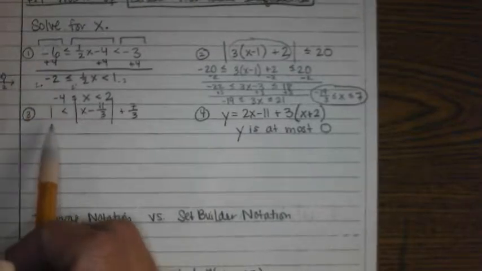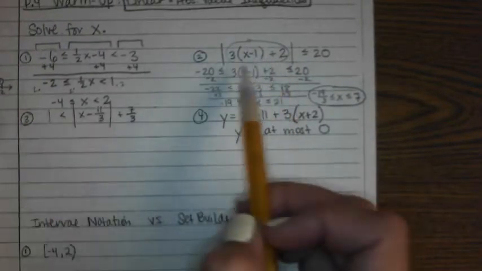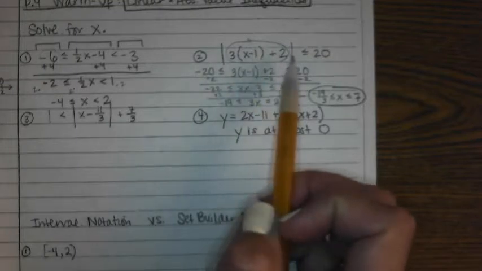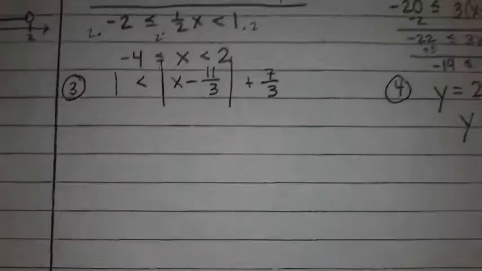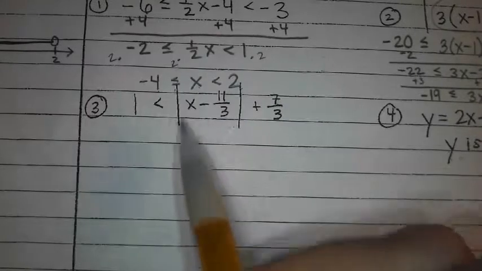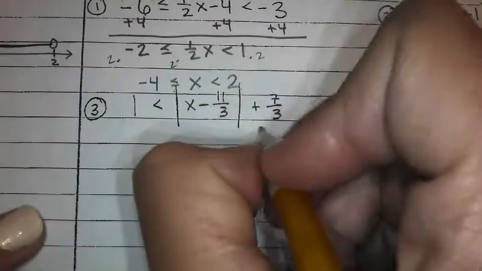Okay, on the next one, now number 2, the way it started, the absolute value is already isolated, right? We don't really kind of break free from the absolute value until it's isolated. So in number 3, we need to isolate this absolute value by subtracting the 7/3.